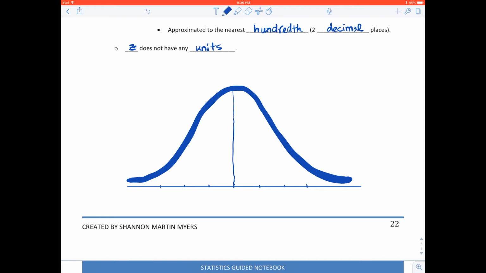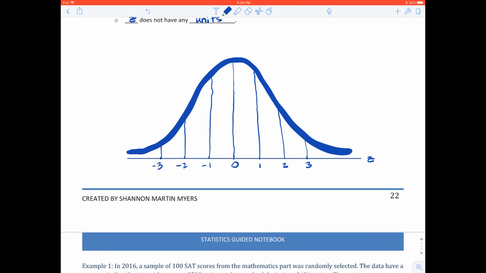Our scale is going to be a scale about z. And so here z would be 0. And then to the right we'd have positive 1, 2, and 3, which, as we saw from earlier, represents the number of standard deviations we are away from the mean. And then z would be negative 1, negative 2, and negative 3 over here. So it all ties in very nicely, and we'll be using this a lot when we get into our next module, all right?